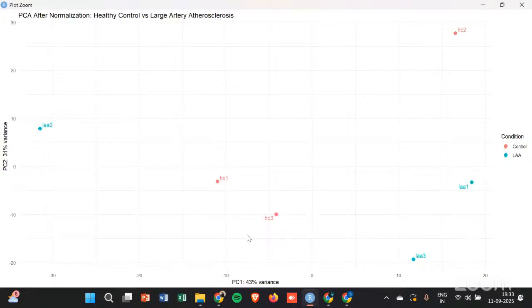But again, and this is why I chose this example, we are at a limit here, and I want to showcase the limitations we have. Even though we have such robust methods, we still have limitations. The limitation here is that we only have 3 samples per group.